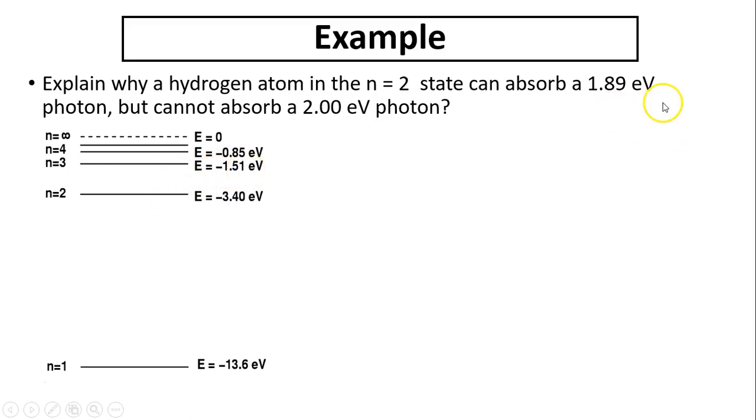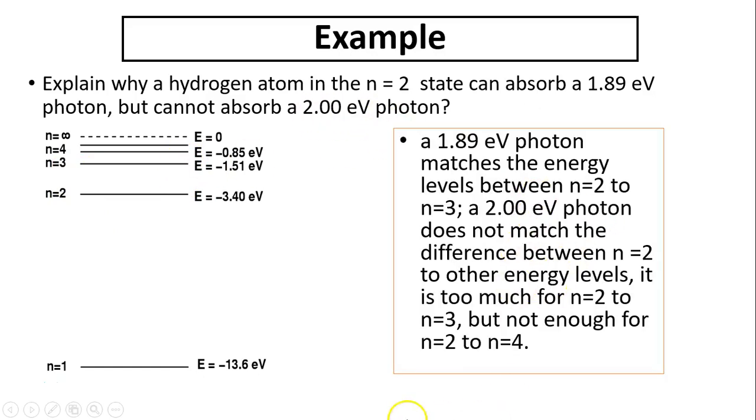So that 1.89 electron volt photon will enable the electron to jump from n equals 2 to n equals 3. However, a photon with 2 electron volts is too much for 2 to 3, but not enough for 2 to 4. That's why the 2 electron volt photon will be rejected.